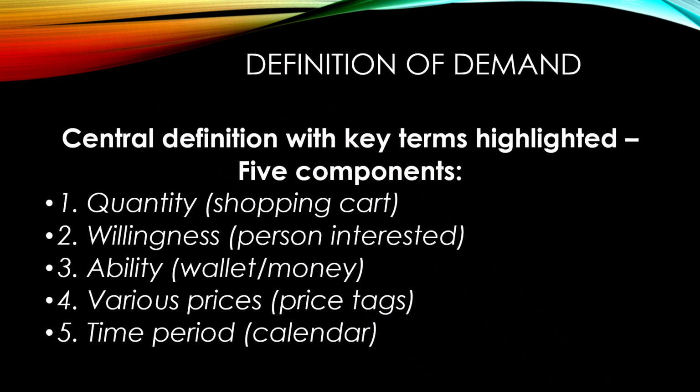That is affordability. 4th, the next one is various prices, the price at which the goods are sold at the market. That's the price tags. And last but not least, time period. That's the calendar. Is it weekly? Is it monthly? Is it yearly?